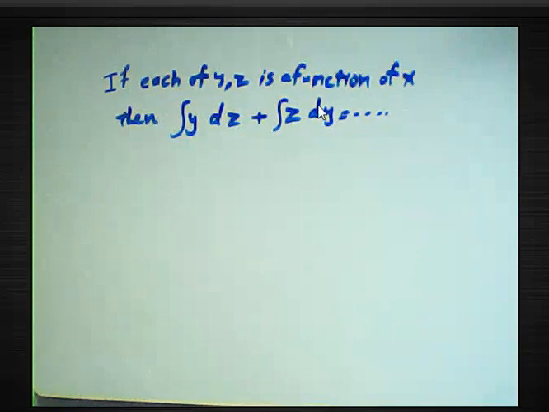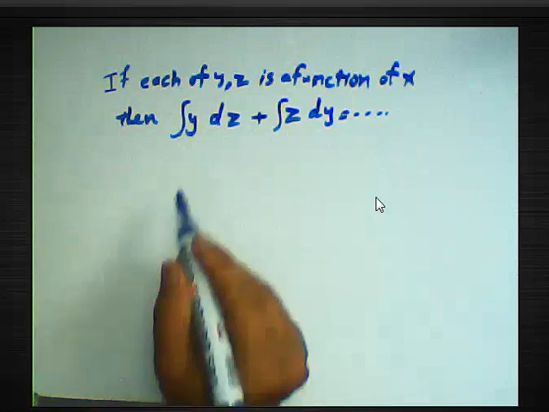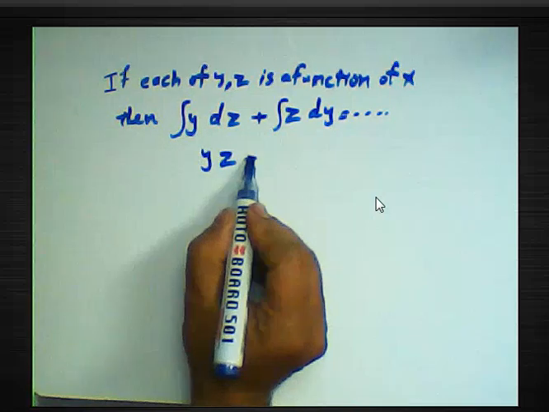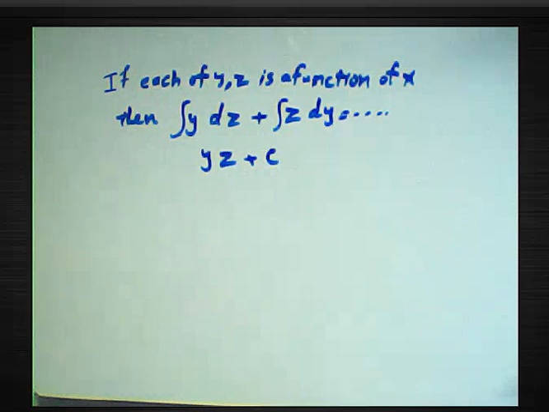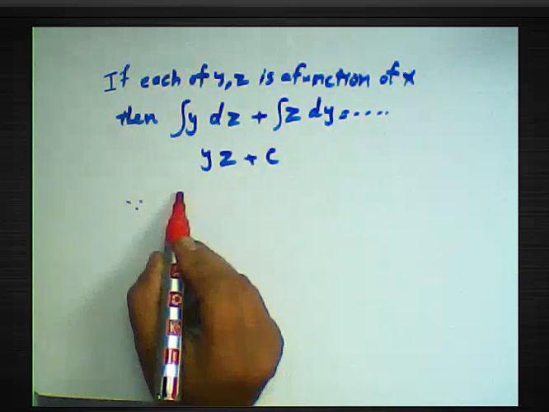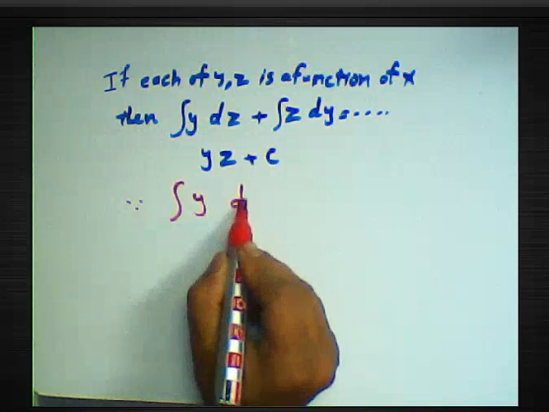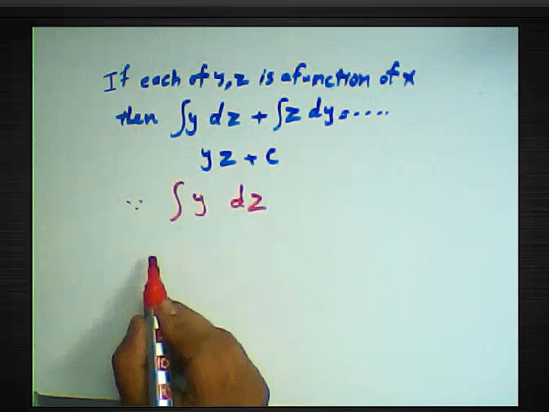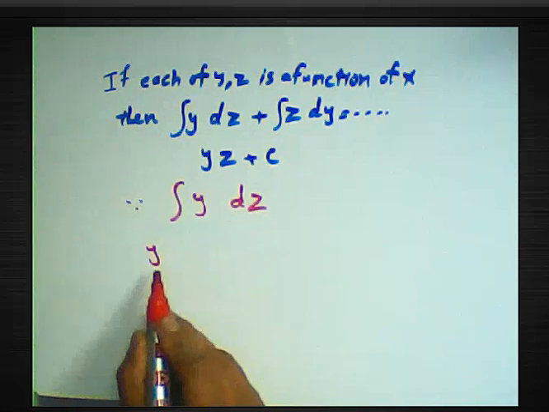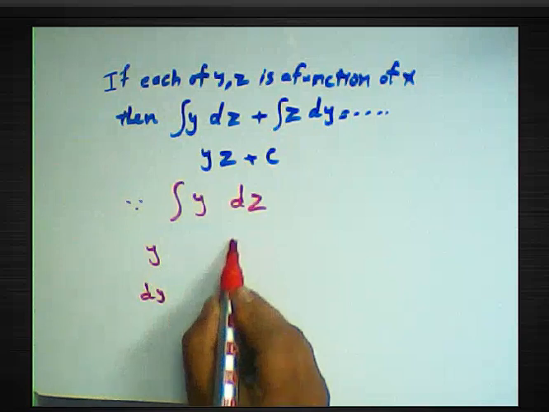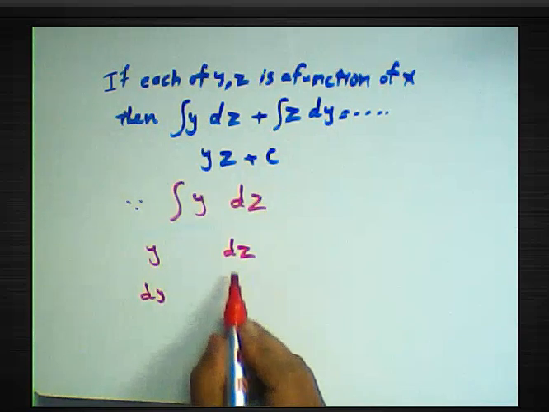If each of y and z is a function of x, then the integration of y dz plus the integration of z dy is equal to what? It's equal to y multiplied by z plus constant. Why do we solve this example by this step? Because if we want to find the integration of y dz, we write this function y, and the derivative of y will be dy, and the integration of dz equals z.